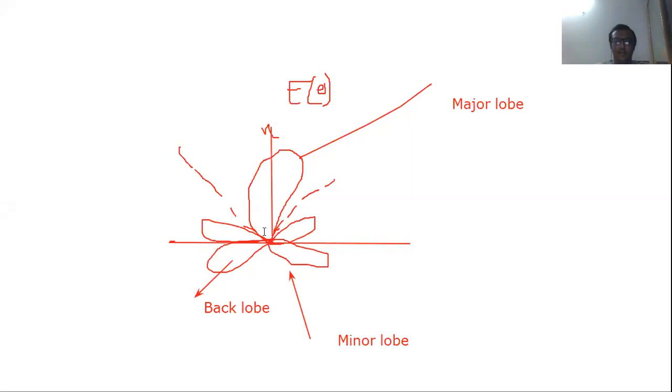Consider this is the tower. Behind the tower, whatever area is present is the back lobe. Remember that point: back lobe and side lobe can be 180-degree phase shifted with respect to each other.